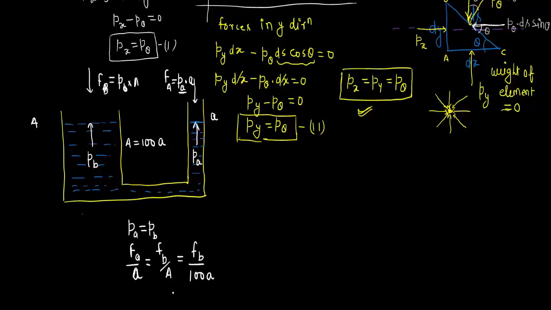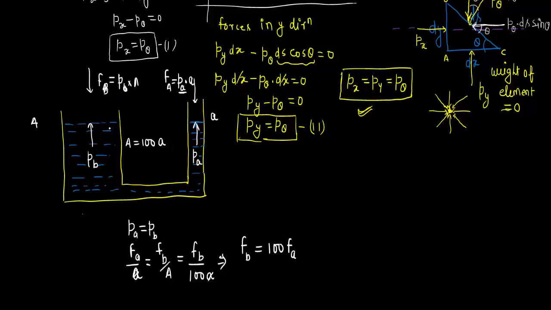So we cancel out these terms, and by this equation we can write Fb is 100 times Fa. Alright, Fb is 100 times Fa.